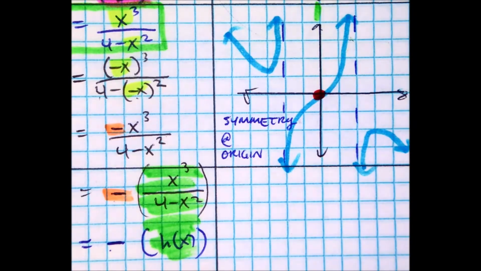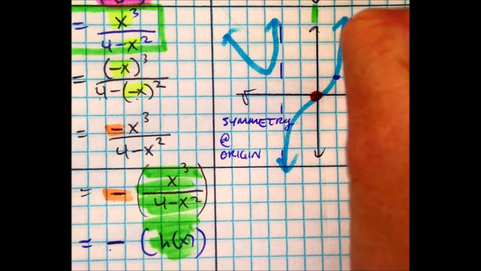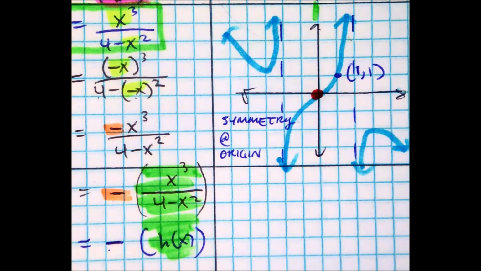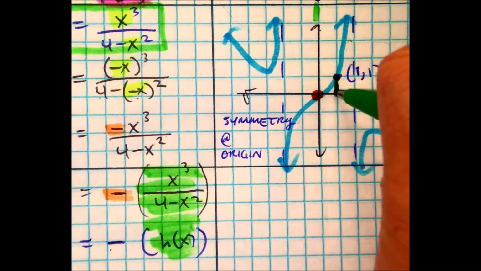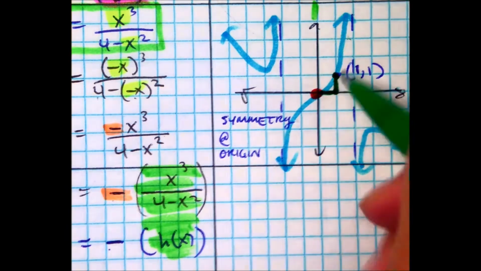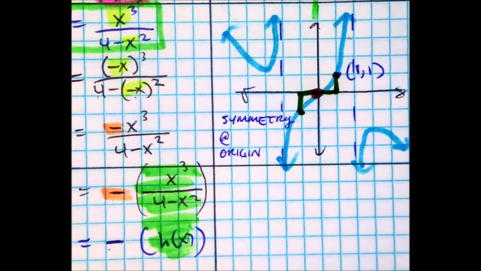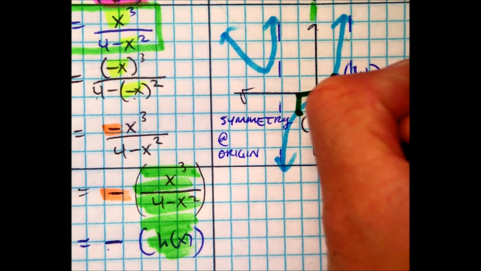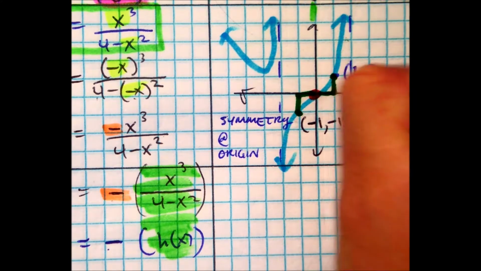Here's an example. See if I can get the color. If I put the ordered pair 1, 1, and I go to the origin, down, and then left, and I make this same L here, what's that ordered pair? Negative 1, negative 1.